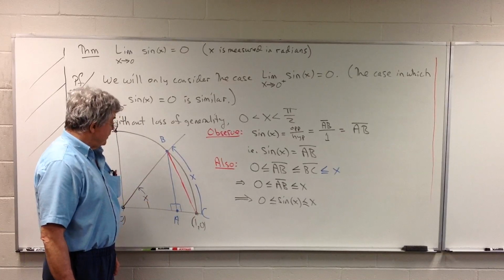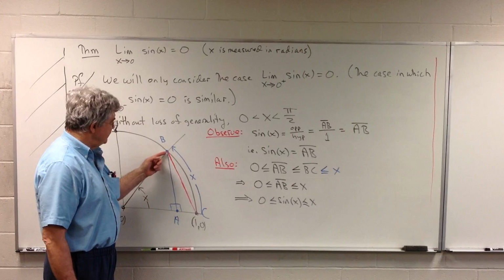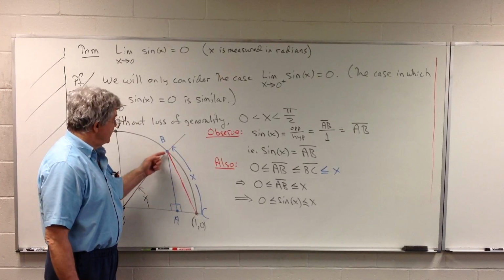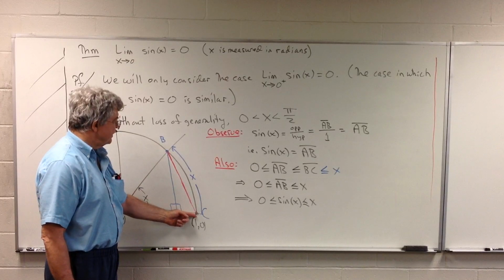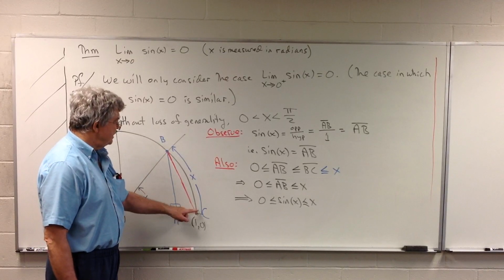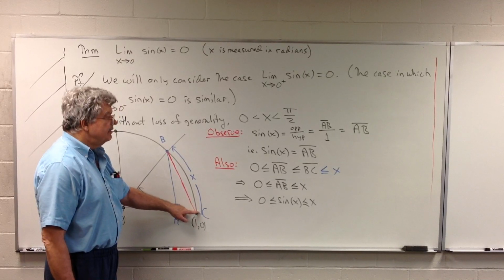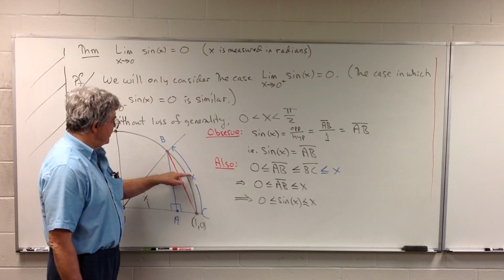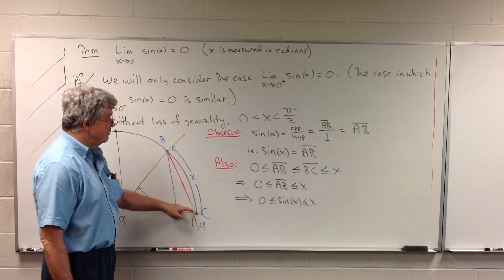Well, the shortest distance between two points, B and C, is the line segment having B and C as endpoints. So line segment BC is the shortest distance from B to C. Any other path will be greater than or equal to that. So the arc length, x, is greater than or equal to the measure of line segment BC.